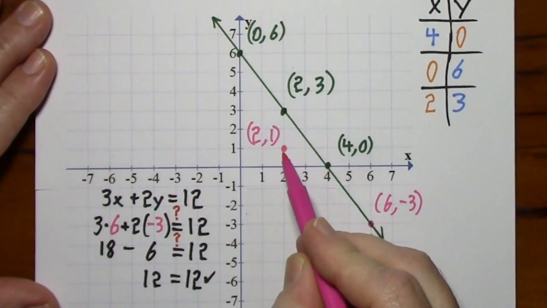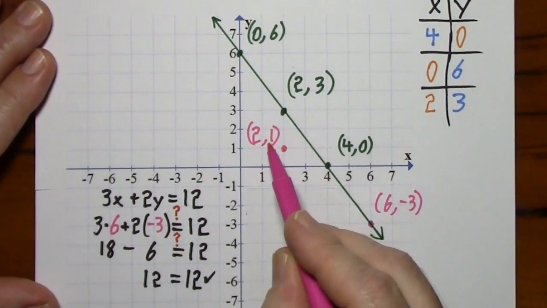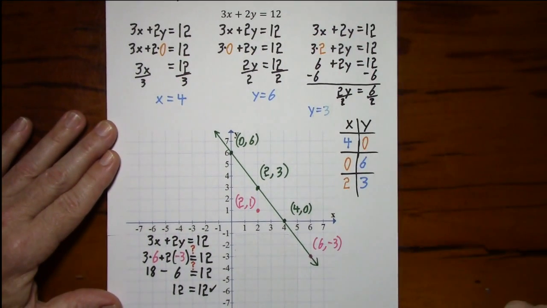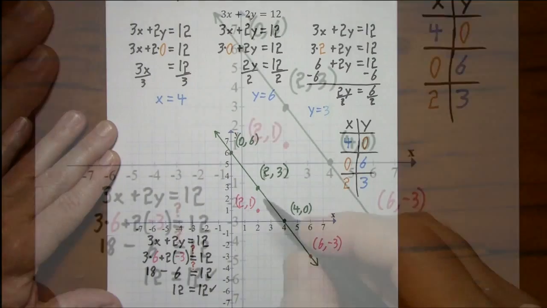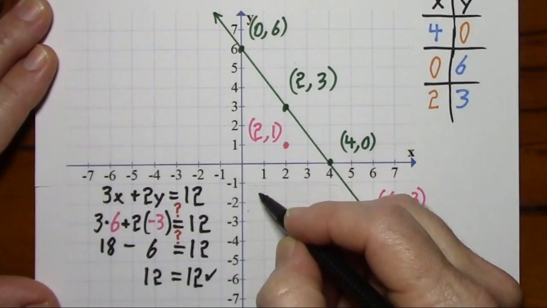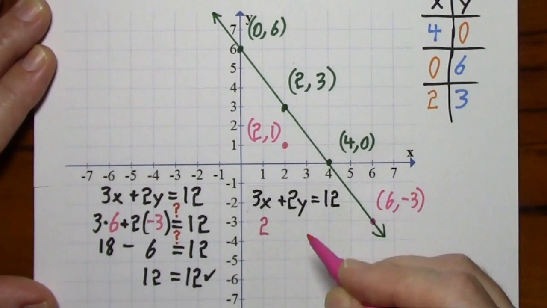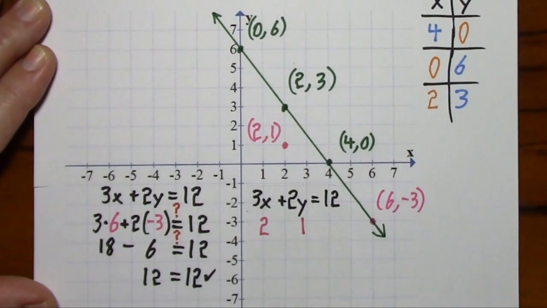If I pick a point that's not on the line, let's say (2, 1), and I plug it into our original equation, what's going to happen? So I start with the original equation. I plug in a 2 for x, a 1 for y.